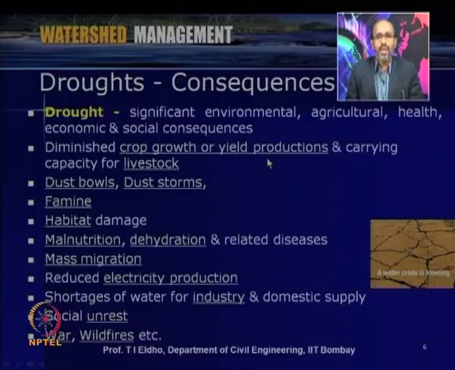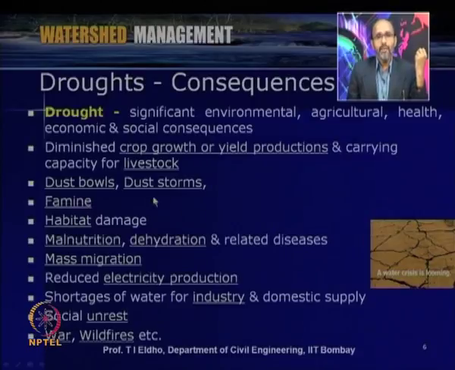So, for example, as far as agriculture is concerned, when the water availability is reduced, the crop production, the crop yield will be reduced, or even the crops themselves will be affected, so there is a possibility of famine. So, diminished crop growth. When water stress takes place due to less availability of water, there is diminished crop growth or yield production, and the carrying capacity of the livestock, like flora and fauna, will be reduced.